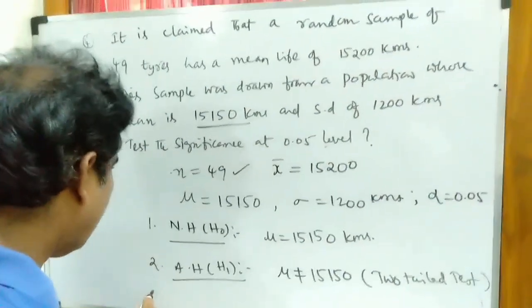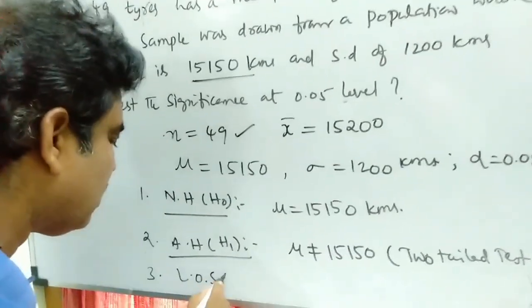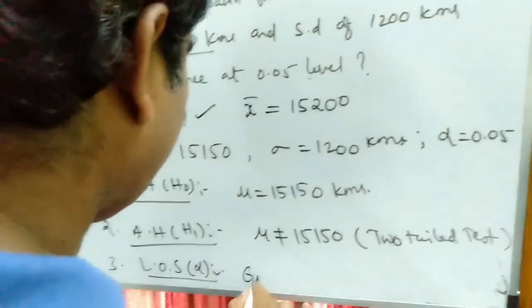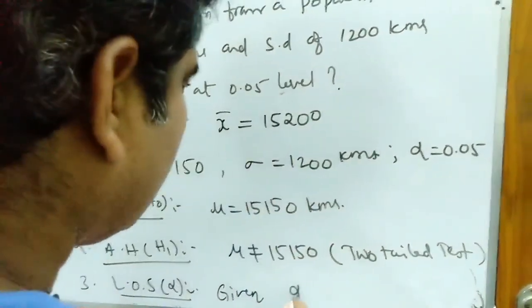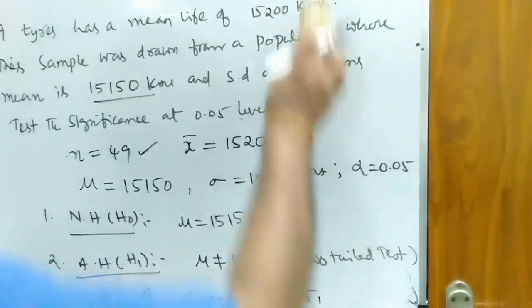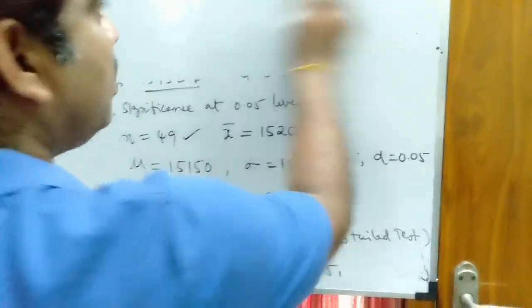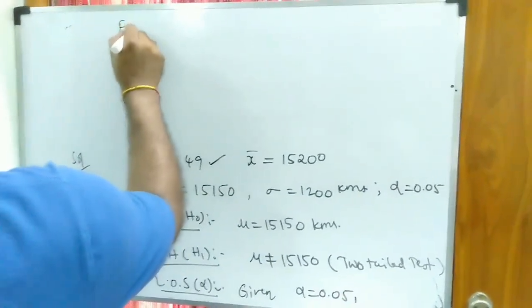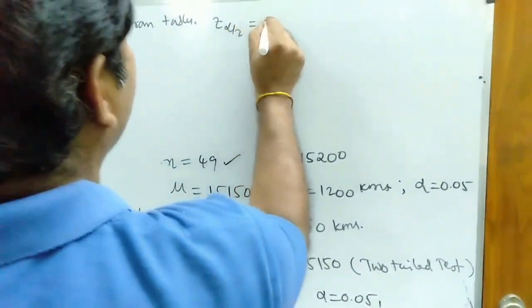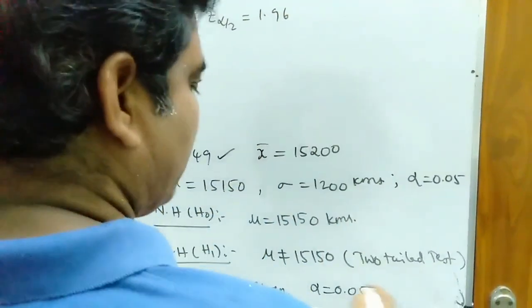Then we go for the level of significance, that is alpha. The level of significance is already given, you need not choose. Alpha is equal to 0.05, and from the tables, what is it? From the table, Z alpha by 2 is equal to 1.96 for a two-tail test.